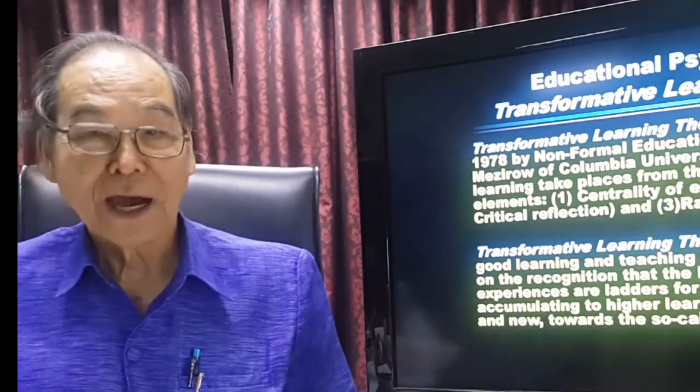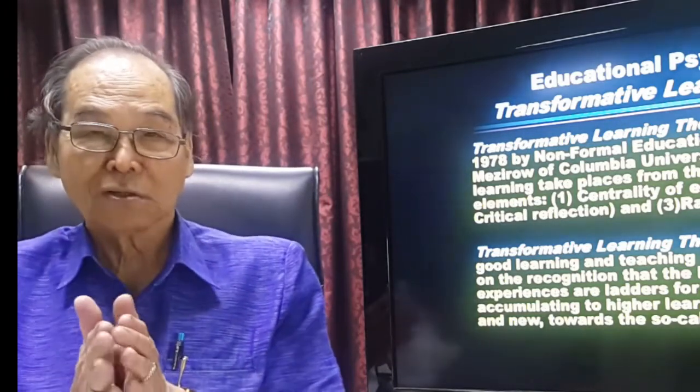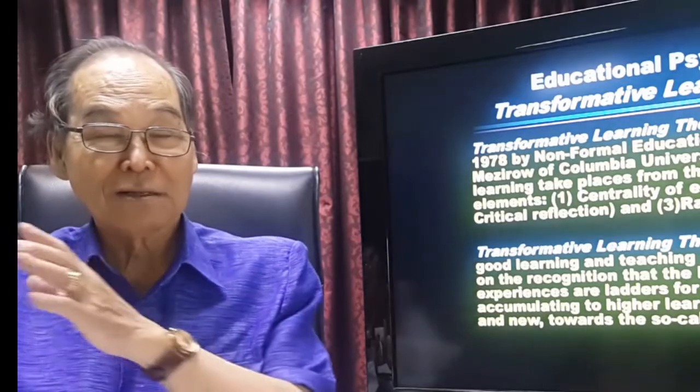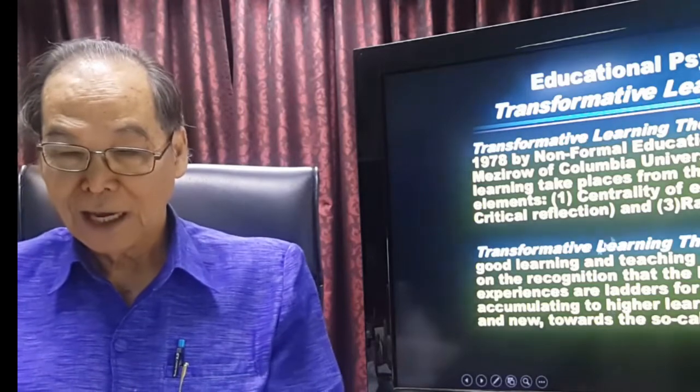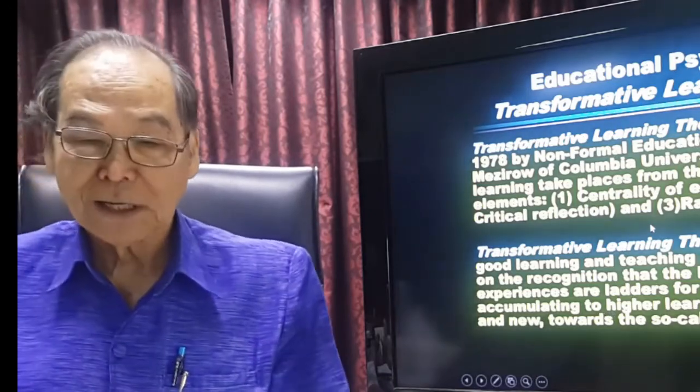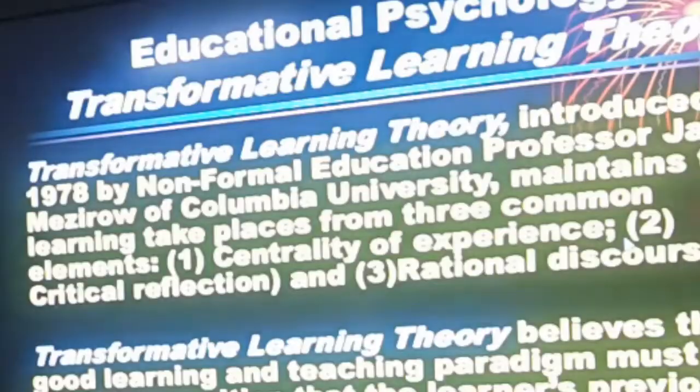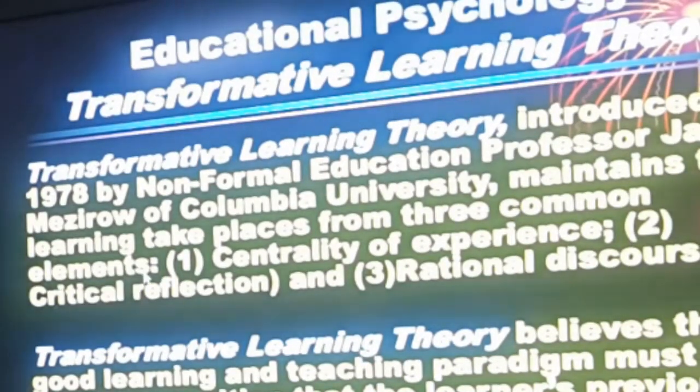My idea is that we should be neutral and get the best from everywhere. Here we get this idea from Professor Mezirow from Columbia University, who gave emphasis to the so-called transformative education or learning in 1978.